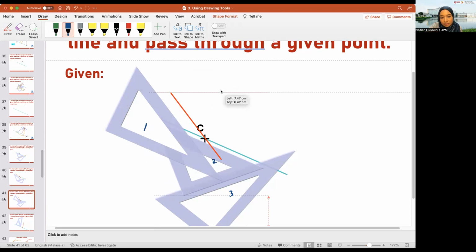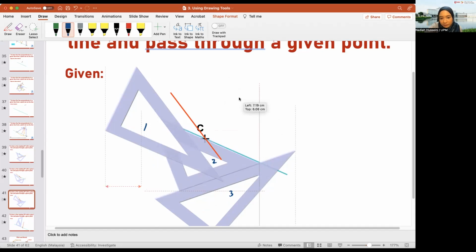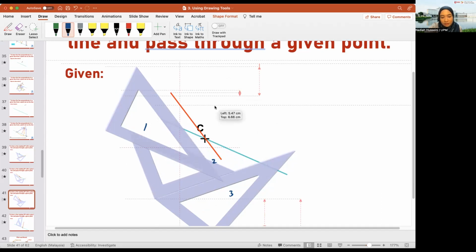Ke kiri ikut triangle yang 3. Slide kanan kiri, ikut triangle kiri. Kenapa awak cakap 3? Tak faham. Oh, macam ni. Macam tu. Okay. Betul tu.